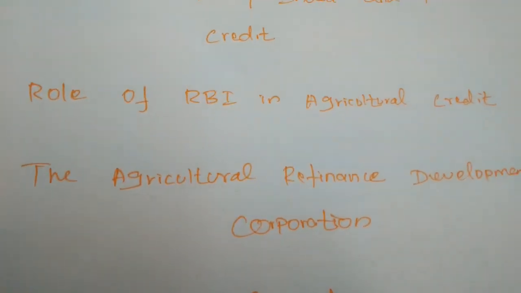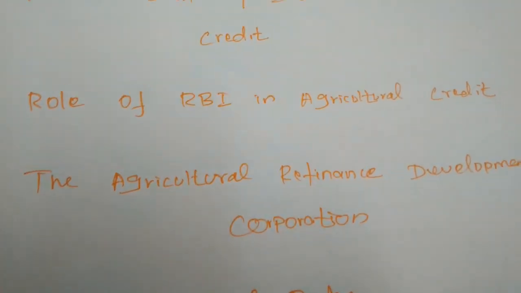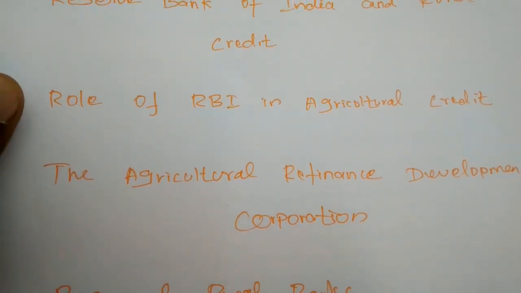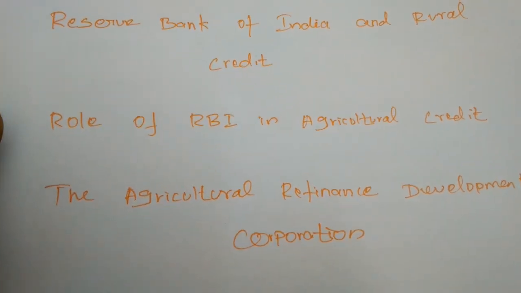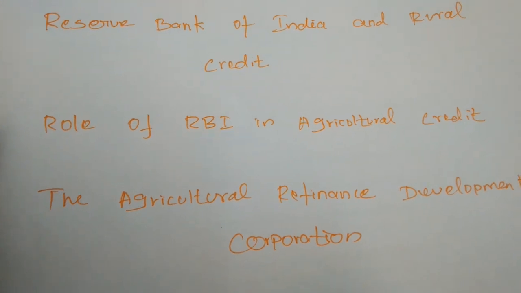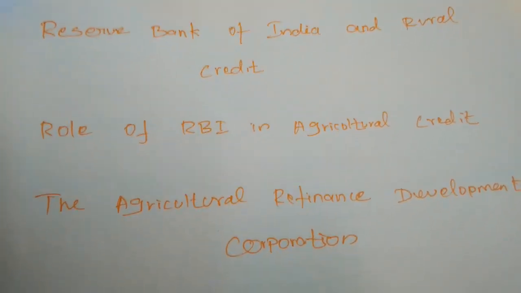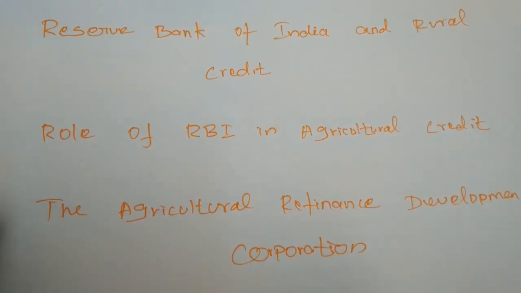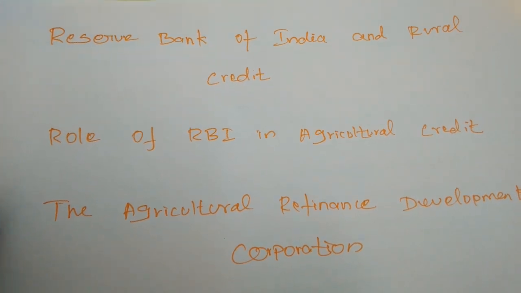The role of RBI in agricultural credit. The Reserve Bank of India has been playing a very vital role in the provision of agricultural finance in the country. The bank's responsibility in this field has increased due to the predominance of agriculture in the Indian economy. Normally 40% of GDP comes from the agricultural sector.